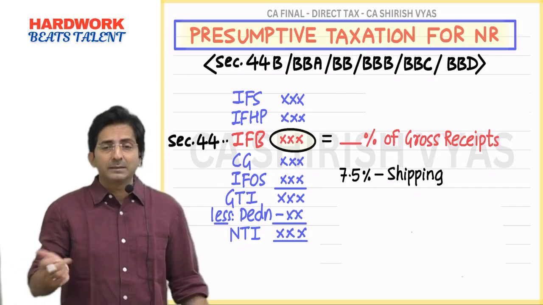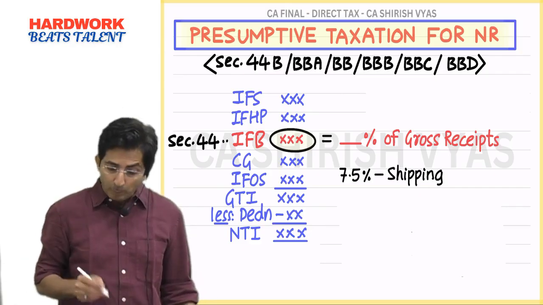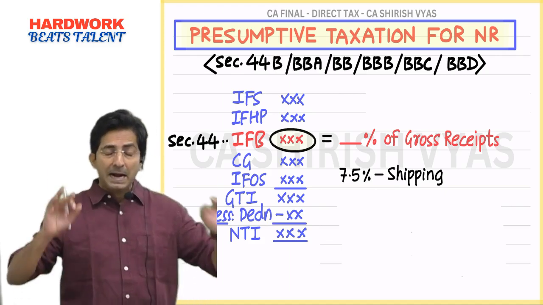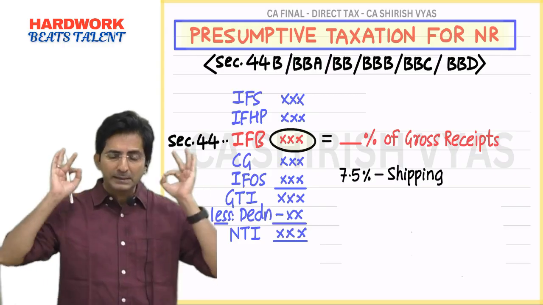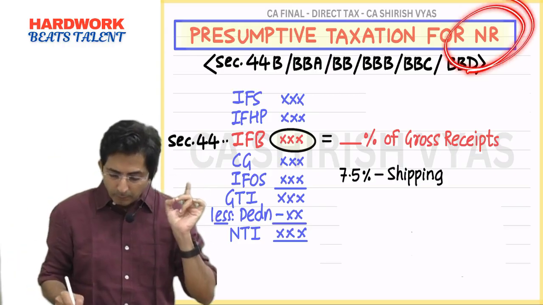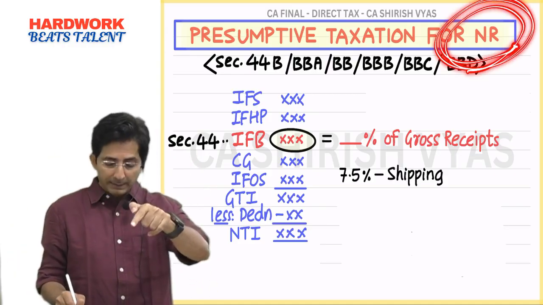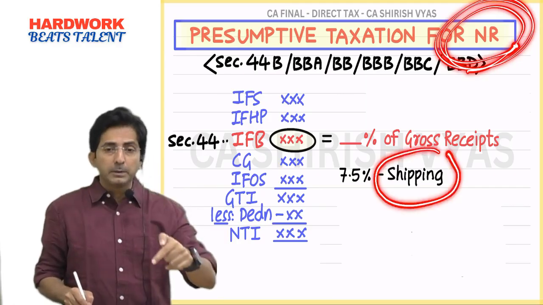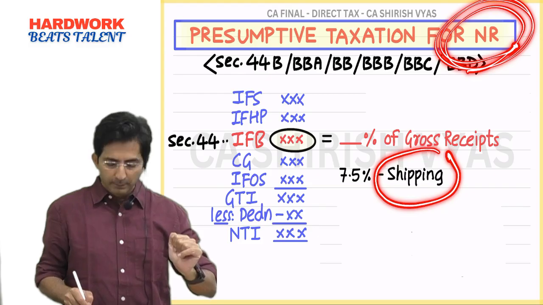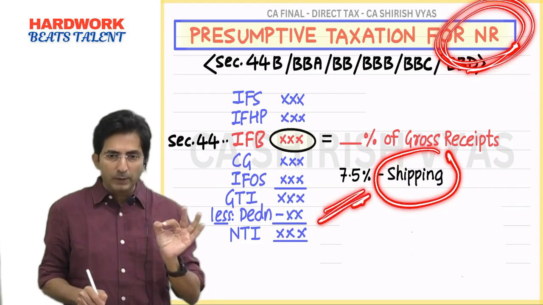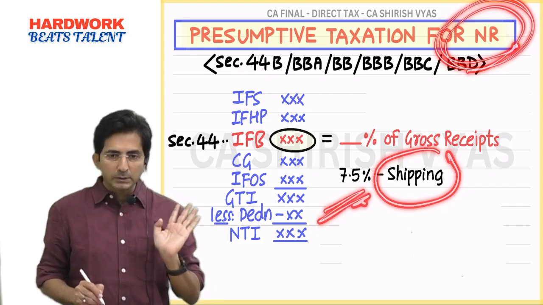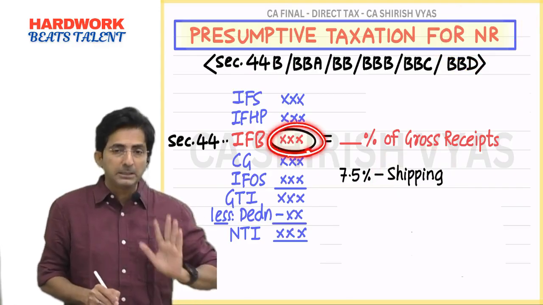Why like this? This is a rule. Whenever in the question there is a non-resident carrying on shipping business, you just multiply 7.5% of the gross receipts, and that amount will come in PGBP.